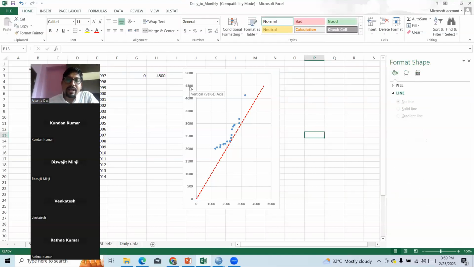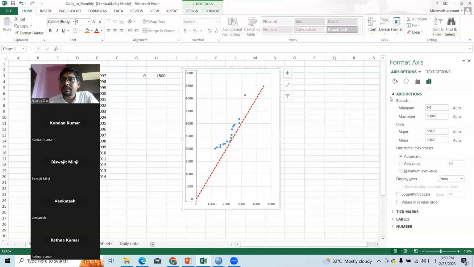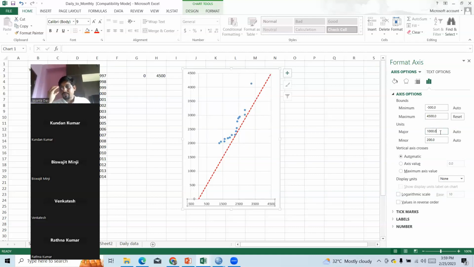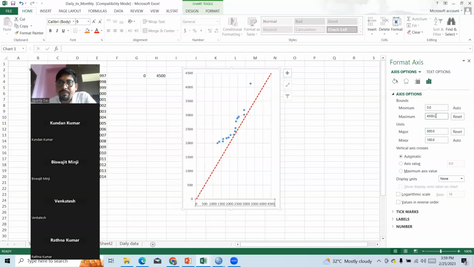Now select this axis again, the vertical axis, maximum 4500. Okay, select the x-axis, 4500. So here major and minor, here 1000, you can change to 500. Here also you can change to 500.